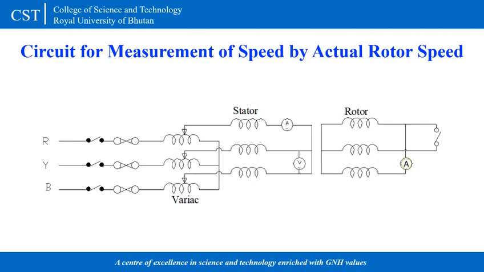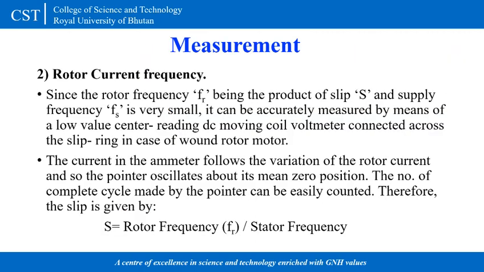Before we move on to the second method, I forgot to tell you one thing about the first method, where we make use of squirrel cage induction motor, because in the first method we don't require any load, so it is much more convenient to use squirrel cage induction motor.